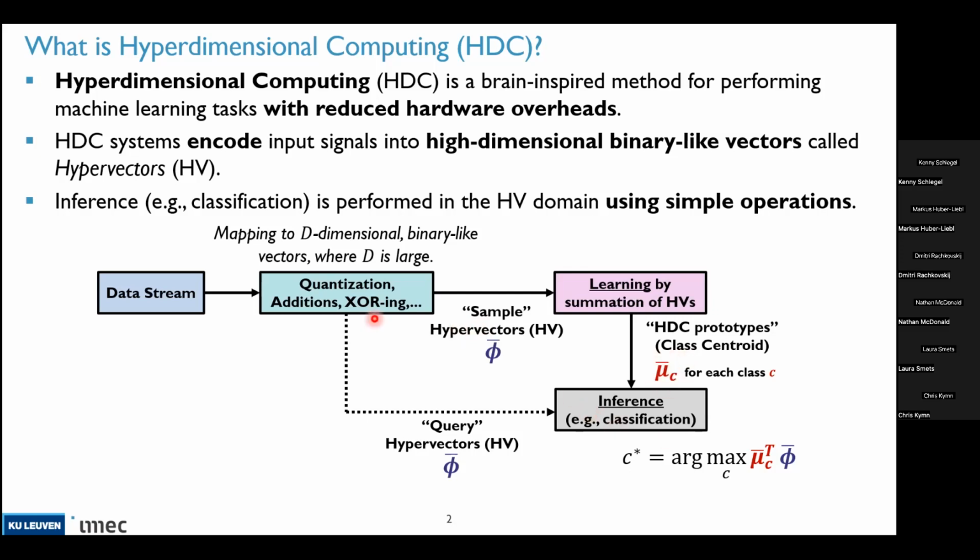During inference, we get query hypervectors obtained after the feature mapping of the test data. To do inference, we compare the query hypervector to each prototype vector resulting from the learning, and choose the class that corresponds to the highest correlation between them.